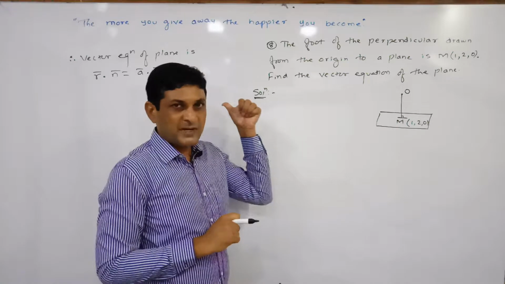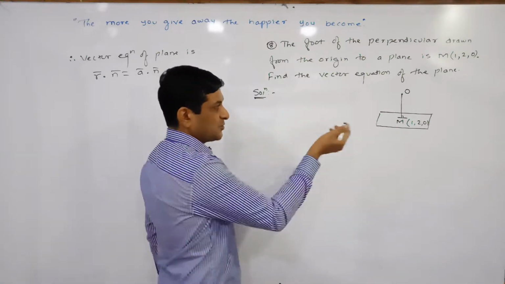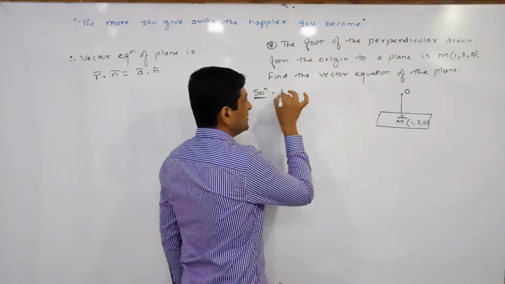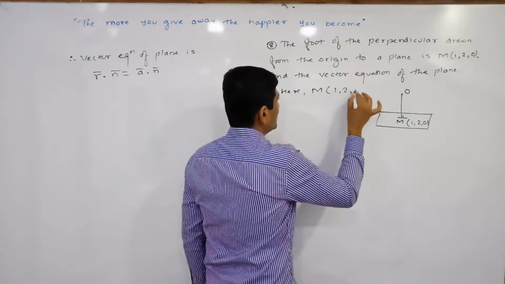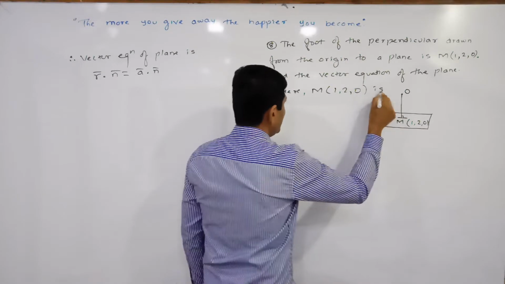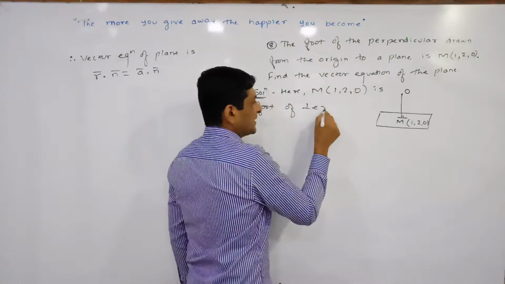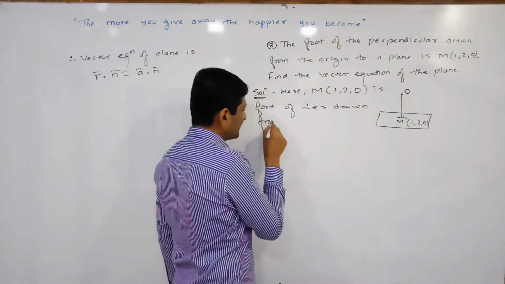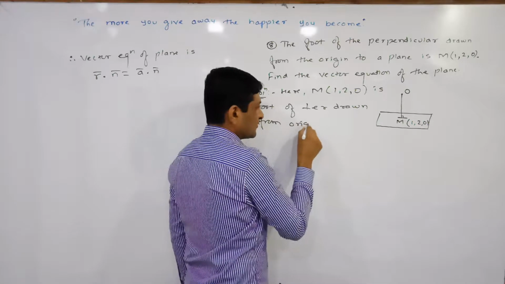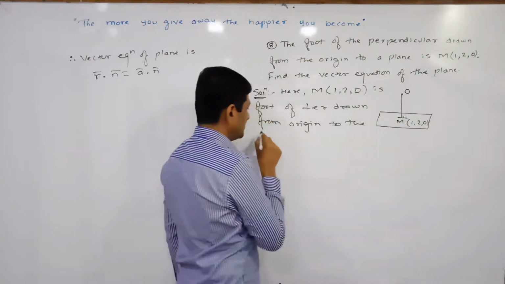So let us try to find out value of first ā and then value of what? n̄. So what is the given condition? Here M having coordinate (1, 2, 0) is foot of perpendicular drawn from origin to the plane.